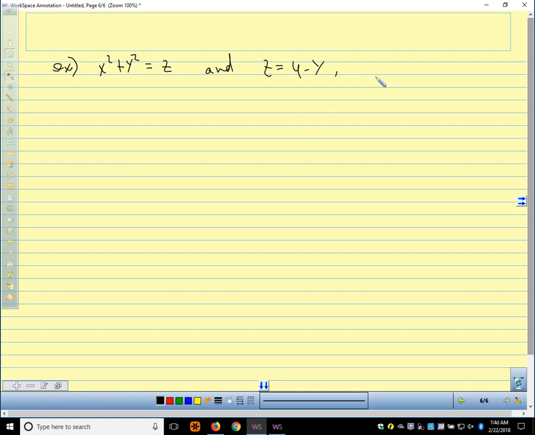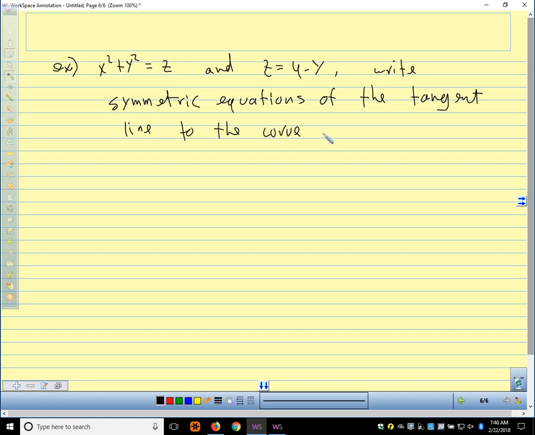We want to write symmetric equations of the tangent line to the curve of intersection at 2, negative 1, 5.